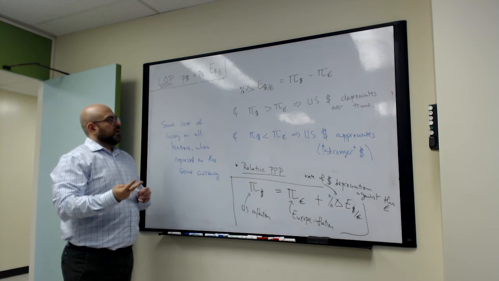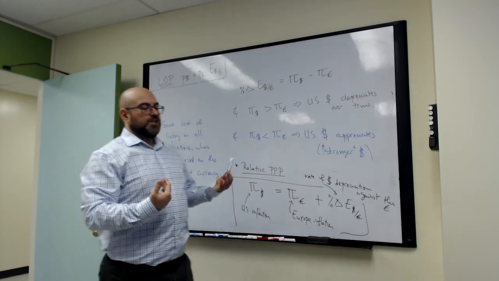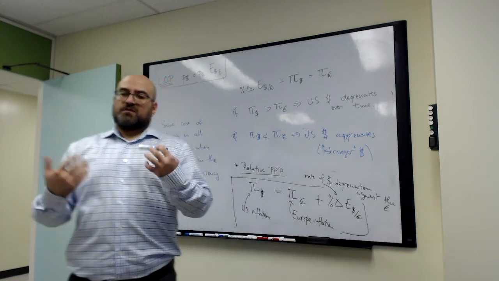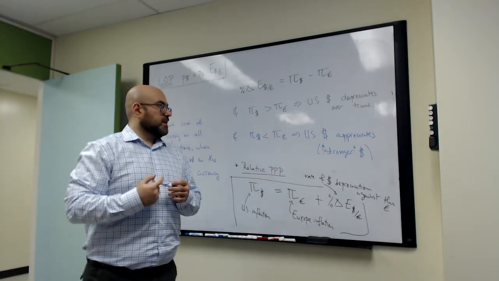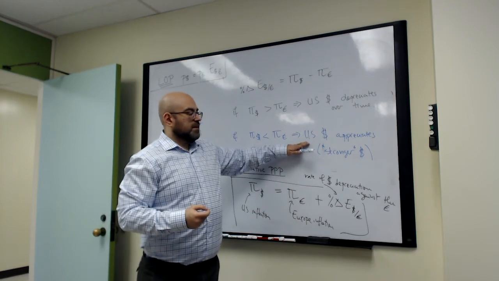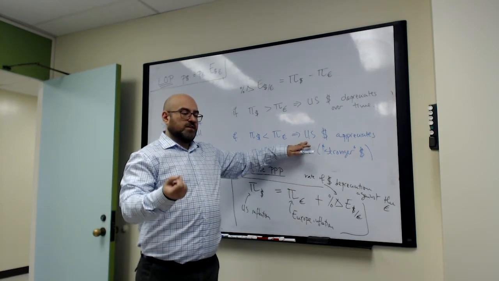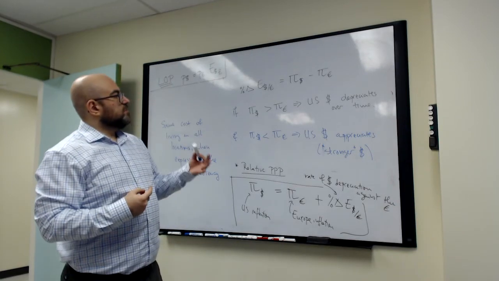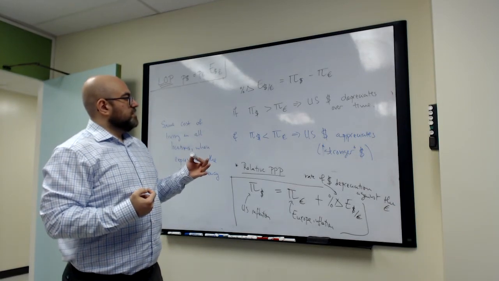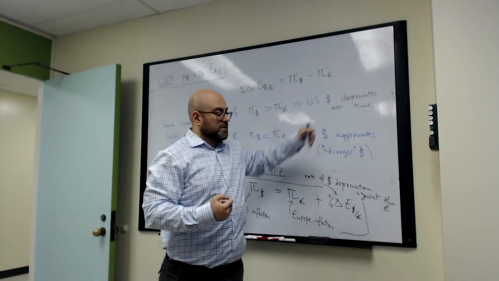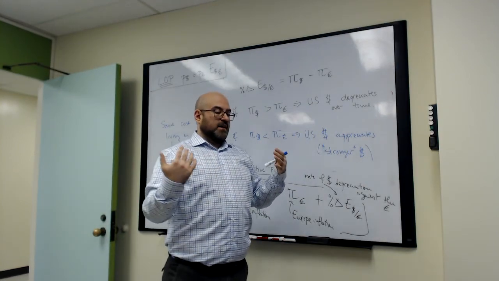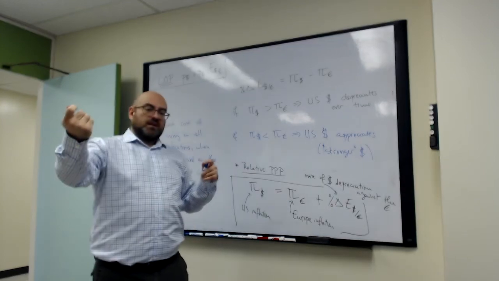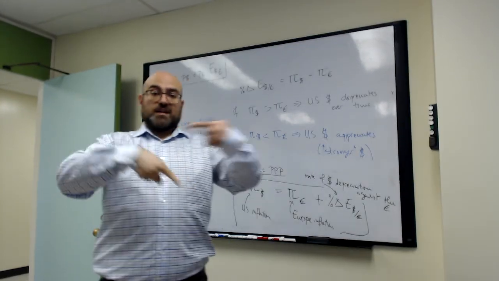Finally, let me remind you that statements about depreciation and appreciation always work mirrored. So if the dollar is appreciating against the euro, then it must also be the case that the euro is depreciating against the dollar. Statements about appreciation or depreciation are always relative to a pair of currencies. So one currency appreciates, the other depreciates against each other.